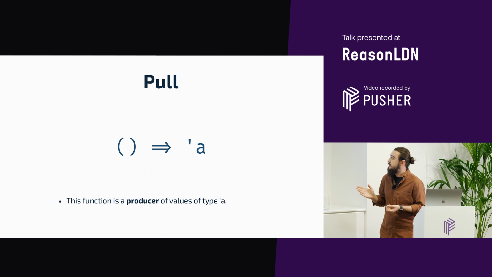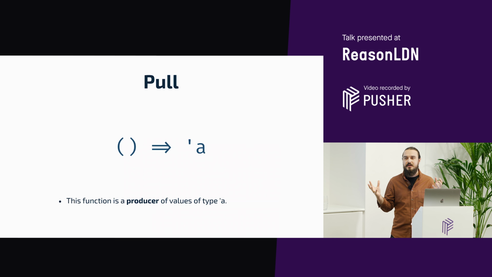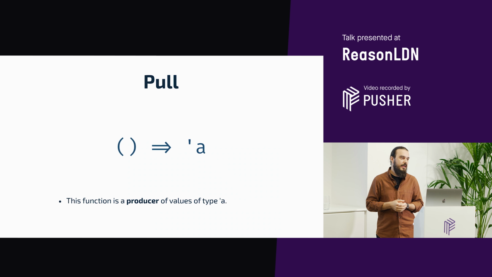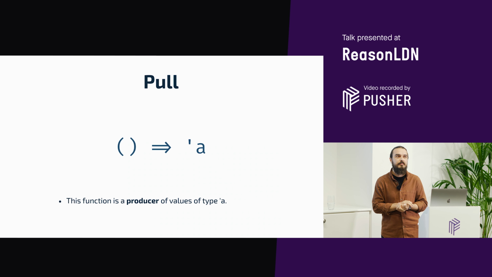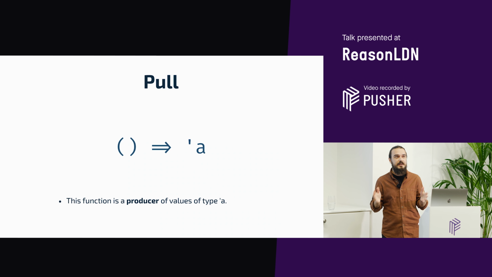There's one issue with this function if analyzed from this iteration perspective. Can you tell me what it is? What do you think is the problem? Yep. What if it runs out of A's? Yeah, exactly. What if the iterator is limited, so it has a specific fixed number of things?